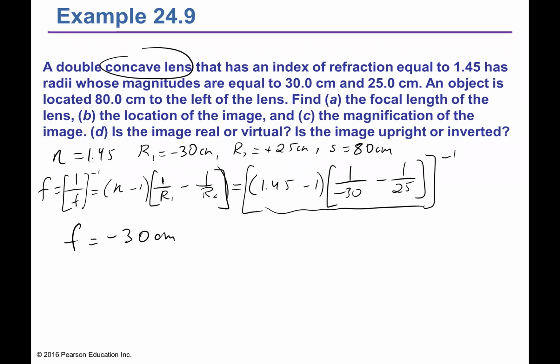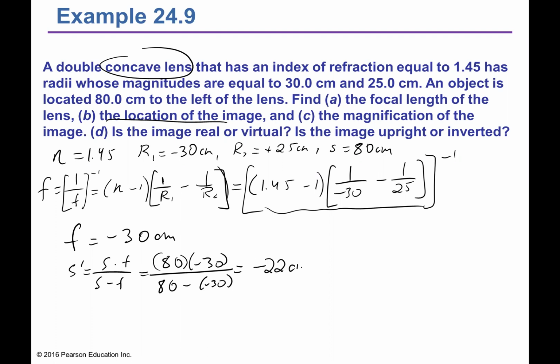Now, once I have the focal length, for part B, I can use it to find the image. The image distance is equal to S times F over S minus F. So 80 times negative 30 over 80 minus negative 30. And that's going to give me negative 22 centimeters.